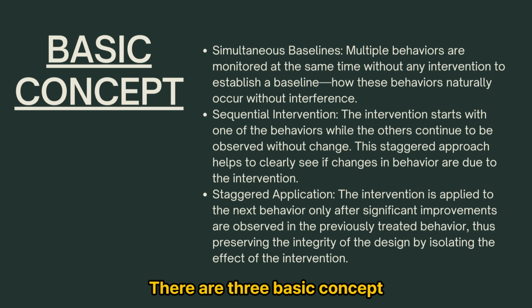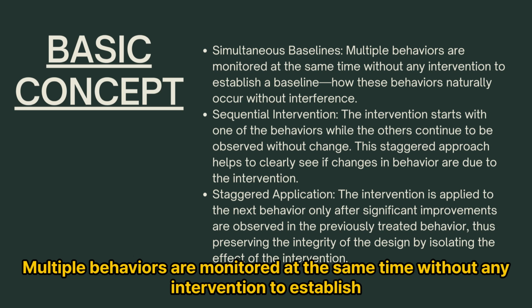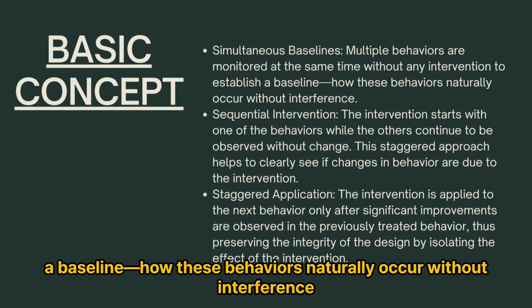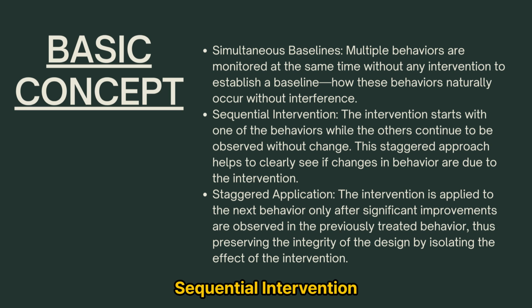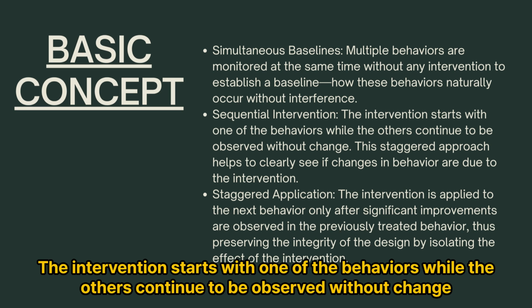There are three basic concepts. Simultaneous baselines: multiple behaviors are monitored at the same time, without any intervention, to establish a baseline of how these behaviors naturally occur without interference. Sequential intervention: the intervention starts with one of the behaviors, while the others continue to be observed without change.